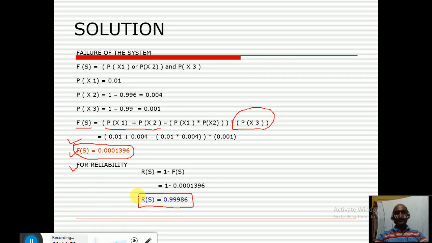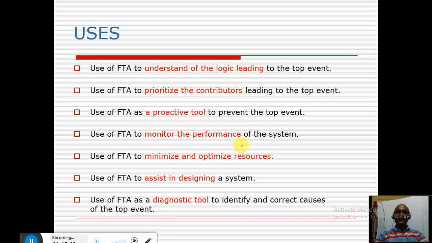So this is how the fault tree diagram works. But what is the use of this fault tree diagram? To understand the logic leading, obviously we can go up to the root cause of the failure, and then we can put those in a logical manner. Then prioritize the contributors. This is very, very important.